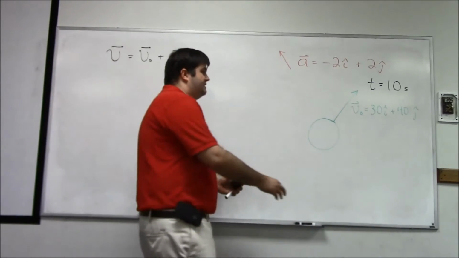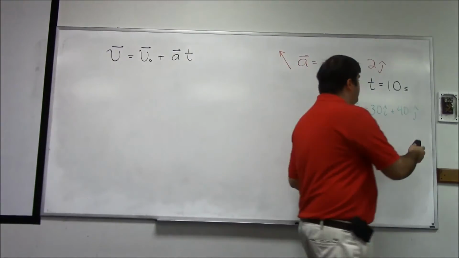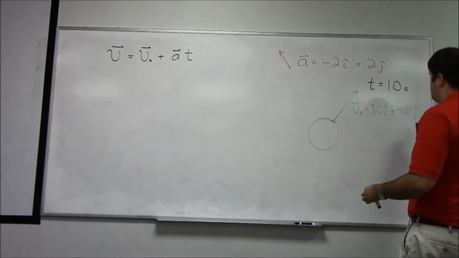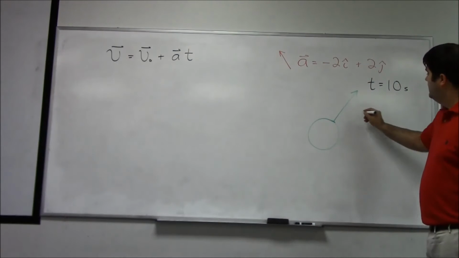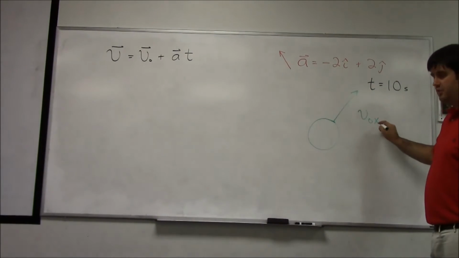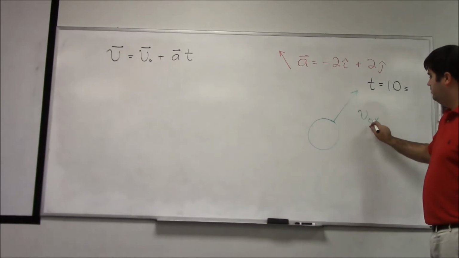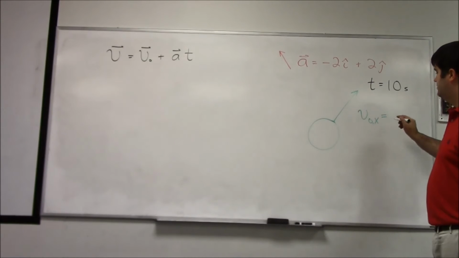In other words, instead of just writing these out in ijk notation, I could, when I set up my problem, say, all right, well, I've got an initial velocity component in the x direction, which I might write as v0x. That was 30?